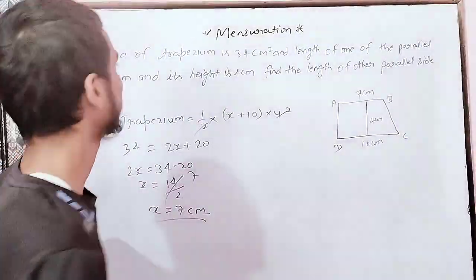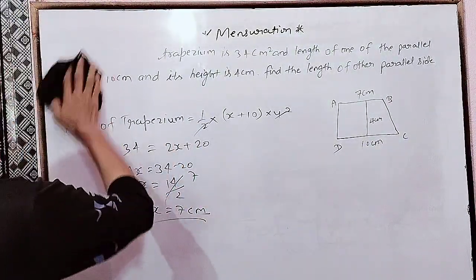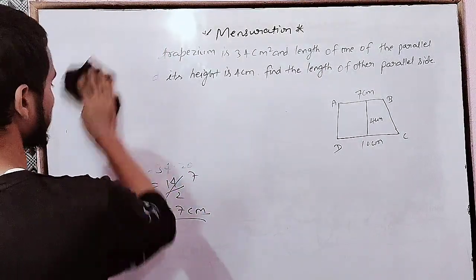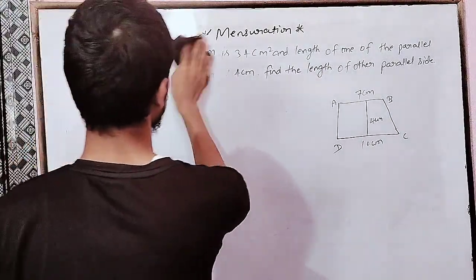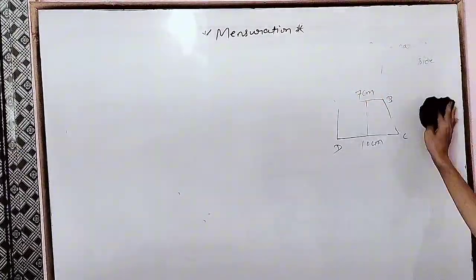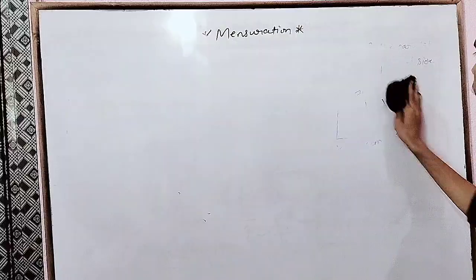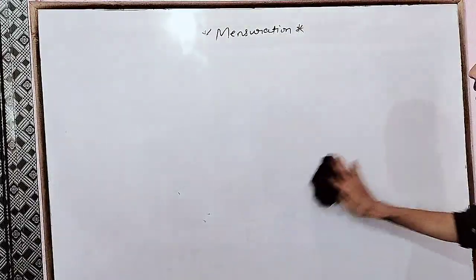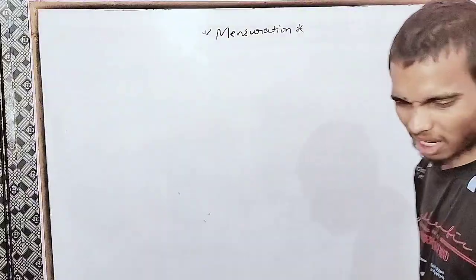Now next. We were understanding how to find the area of a trapezium. A trapezium is not a parallelogram. What if a quadrilateral is a parallelogram?